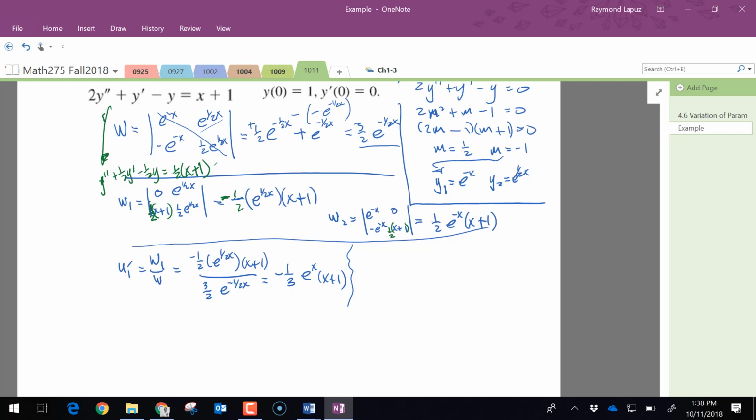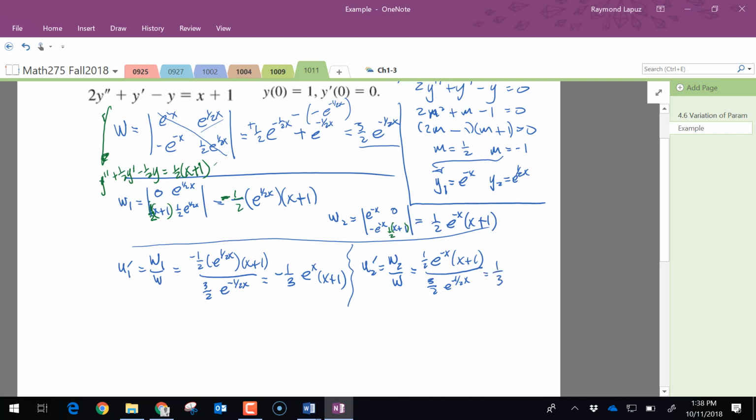We need to integrate that, but that's not too bad. That's integration by parts, and I think it's just one-time integration by parts. All right, so let's look at u2 prime, which is w2 divided by w. So 1/2 e to the negative x, x plus 1, divided by 3/2 e to the negative 1/2 x. I think I still get a 1/3.